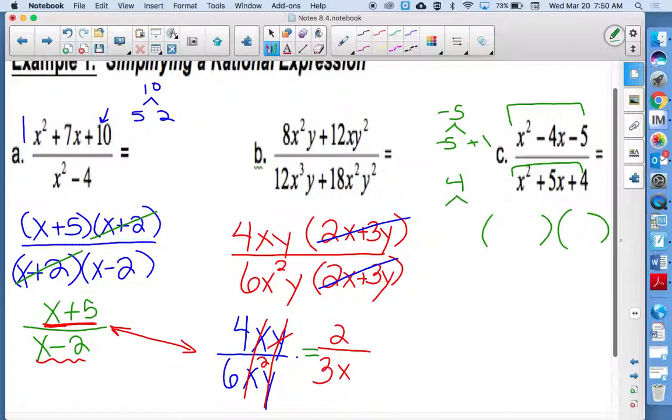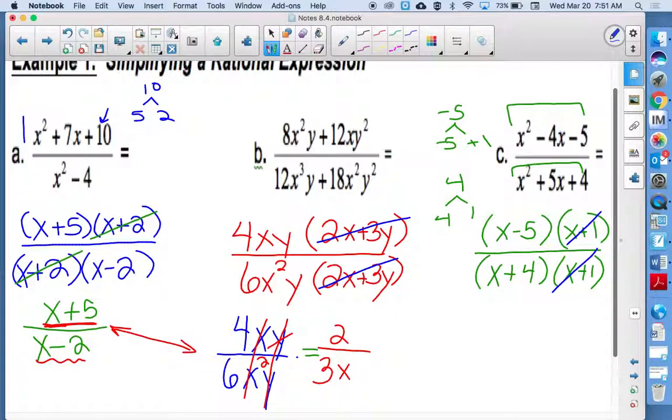So negative 5 plus 1, because we want a negative 4. And then on the bottom, we have a 4, but we want a positive 5. So 4 and 1. x plus 4 and x plus 1. So factored form can be canceled because you're multiplying. We have an x minus 5 and an x plus 4. Questions?